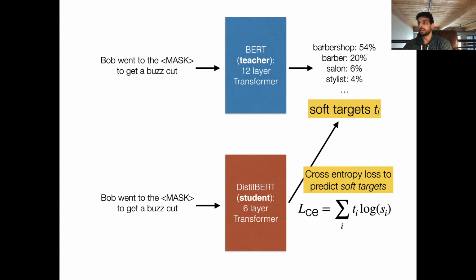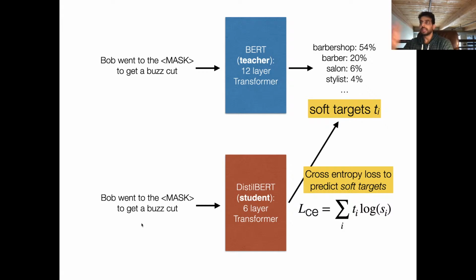So here, if we use the teacher's predicted distribution over this mask token as soft targets, then we have a predicted probability for every single word in the vocabulary. So we're going to force the student model to predict not just that barbershop should have a high probability, but also that other words like barber and salon and stylist should have probabilities higher than words that don't make sense at all within this context.